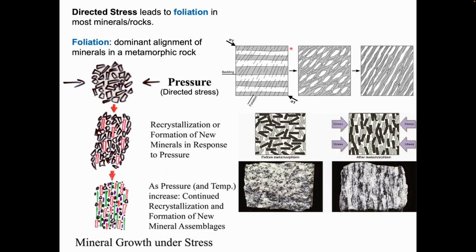This forms foliation, and with enough heat and pressure, those minerals will recrystallize and form large bands. You can see this process really well in this coarse-grained granite in the lower right, and with directed stress and a lot of heat and pressure, your granite will recrystallize and form this nice banded metamorphic rock called gneiss.